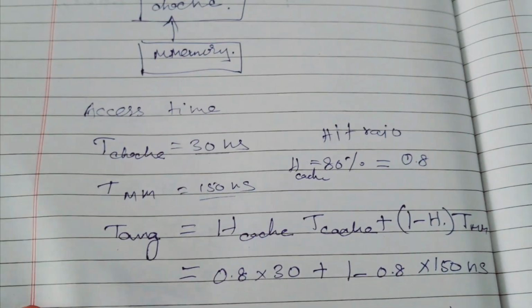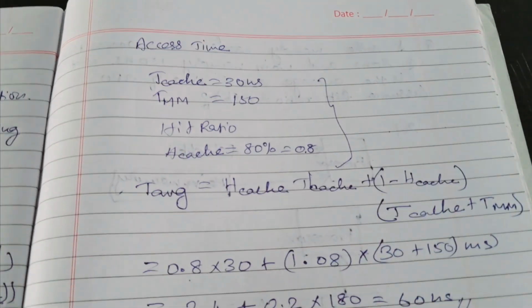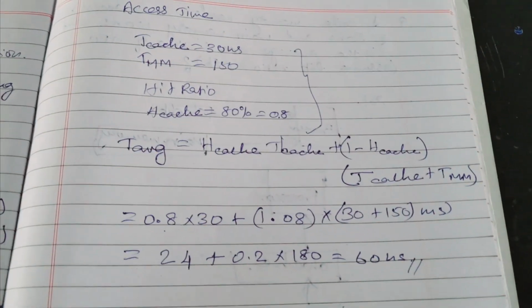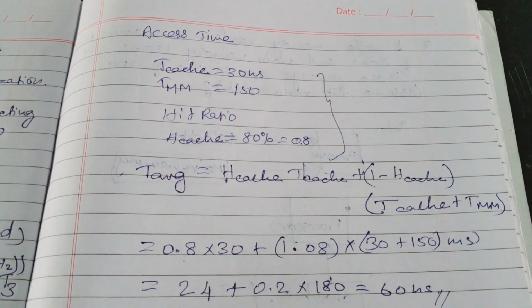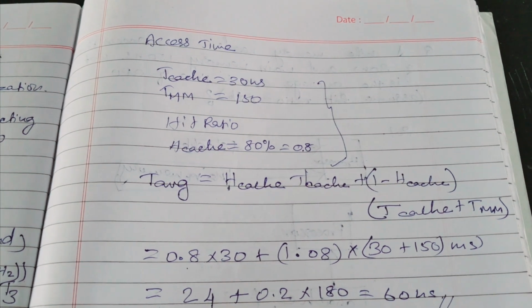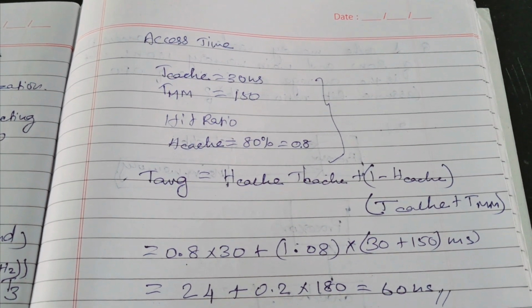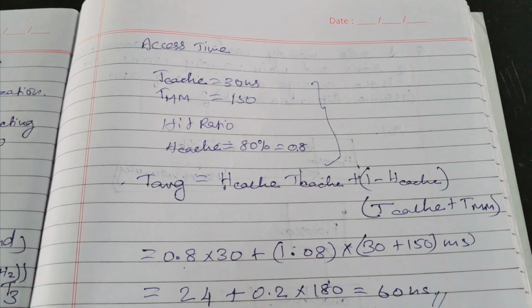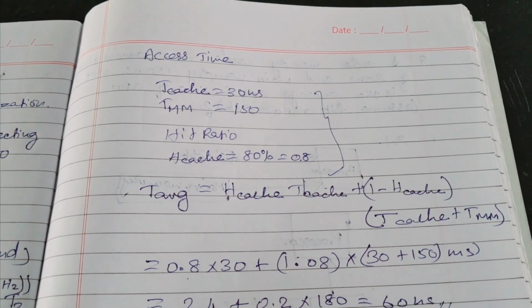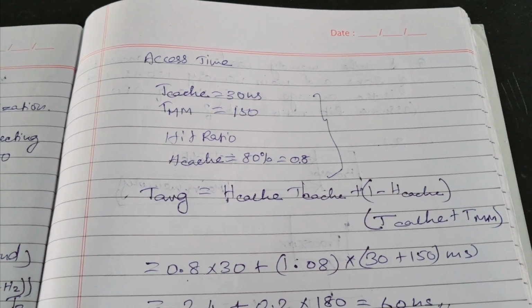Another method is the serial method, which is the access time. We take the question itself. So the T average time is equal to H cache times T cache, plus 1 minus H cache times T cache plus T main memory.